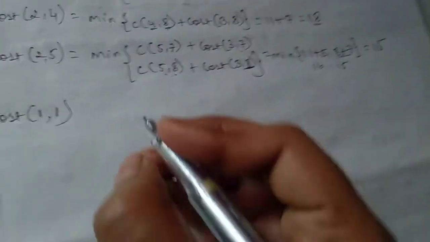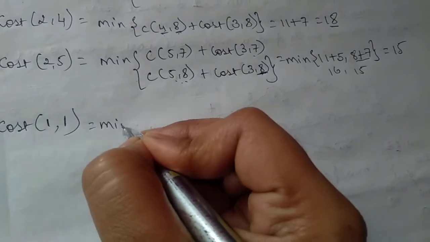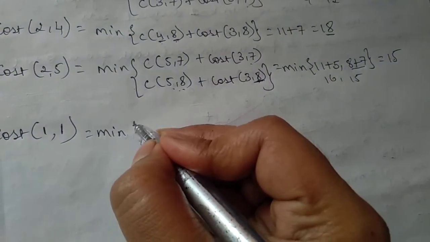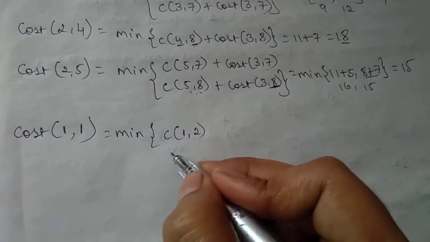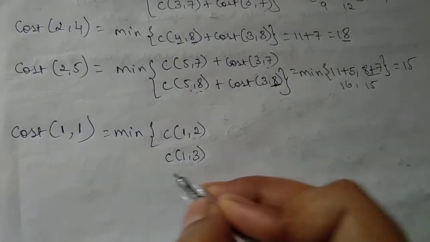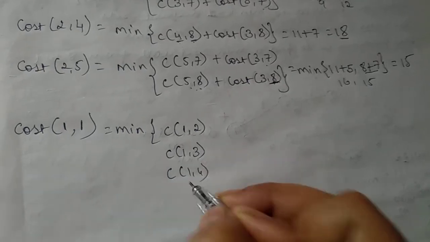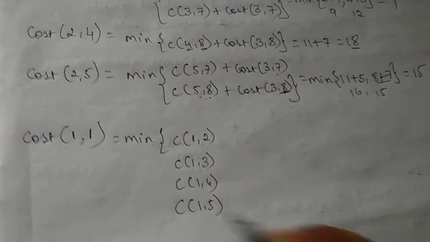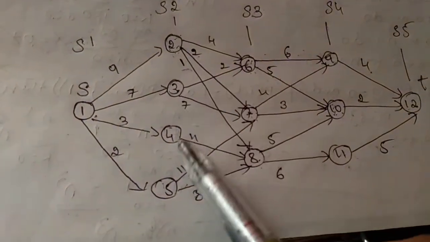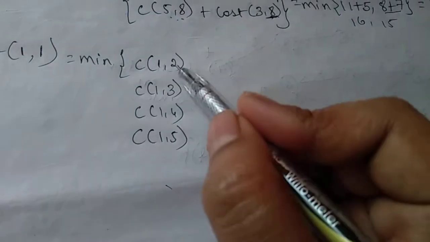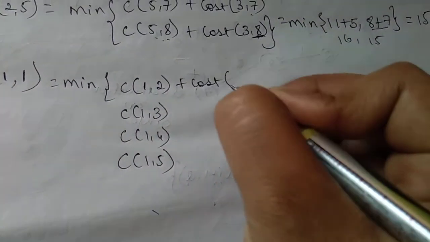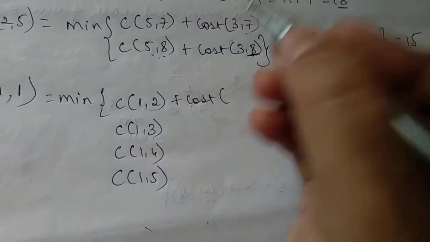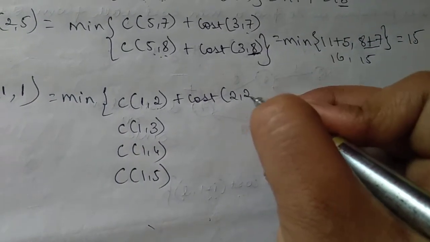So you have to find the min of C of 1 to 2, 1 to 3, 1 to 4, 1 to 5, because 1 is going to all these 4 vertices. Next step, cost of 2, which is present in stage 2.